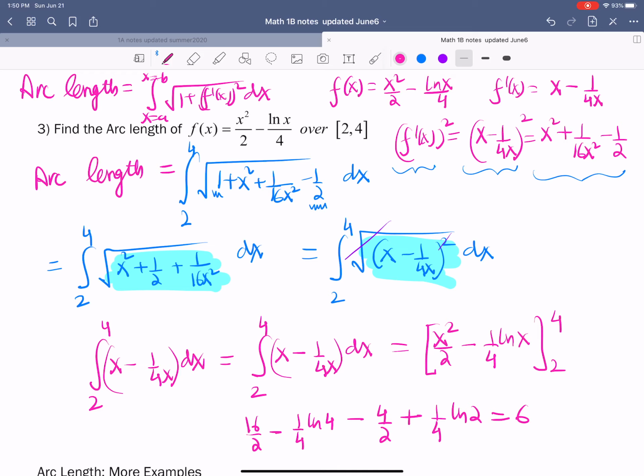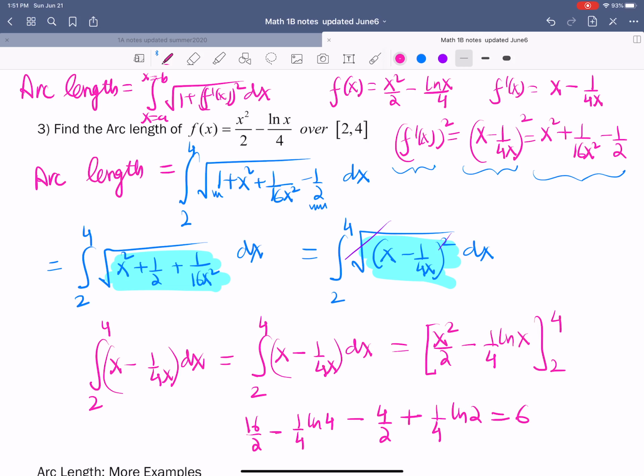Negative 1/4 natural log of 4, when we subtract, it becomes positive, plus 1/4 natural log of 2.